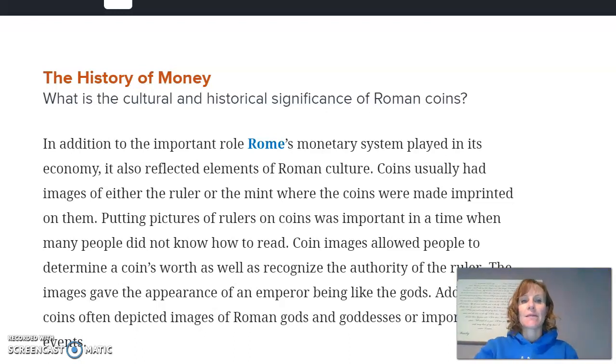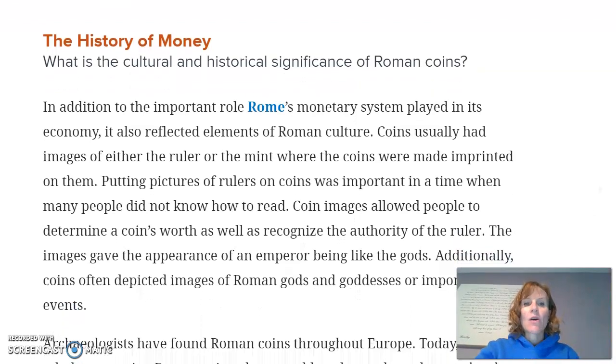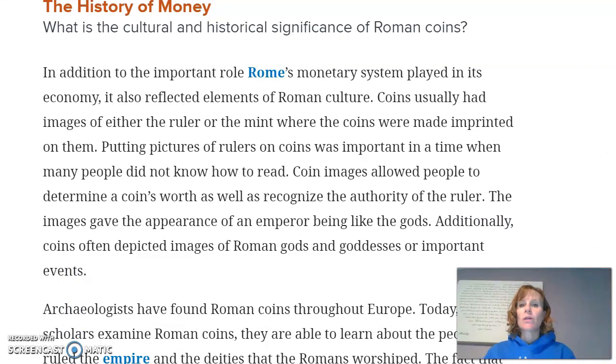Okay, let's begin. The history of money. What is the cultural and historical significance of Roman coins? In addition to the important role Rome's monetary system played in its economy, it also reflected elements of Roman culture. Coins usually had images of either the ruler or the mint where the coins were imprinted on them.